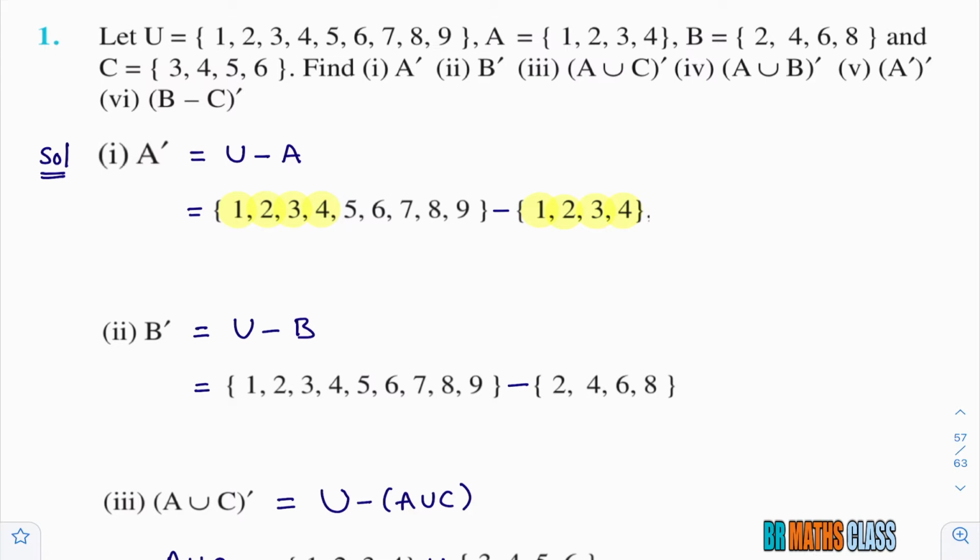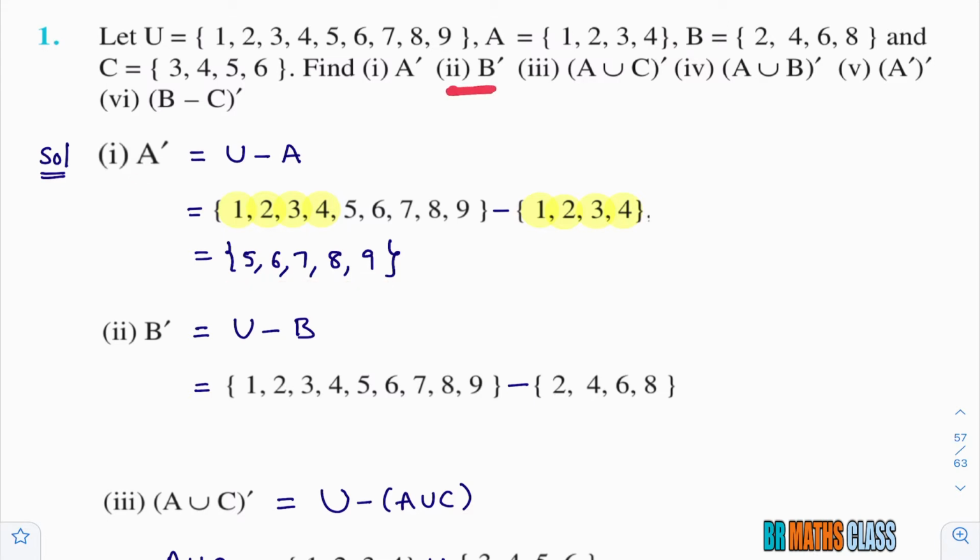Other than common elements, what elements are present in the first set? That is the answer. Here, other than common elements, what elements are present? 5, 6, 7, 8, 9. I hope you understand. What is this? This is A dash. We calculated A dash.